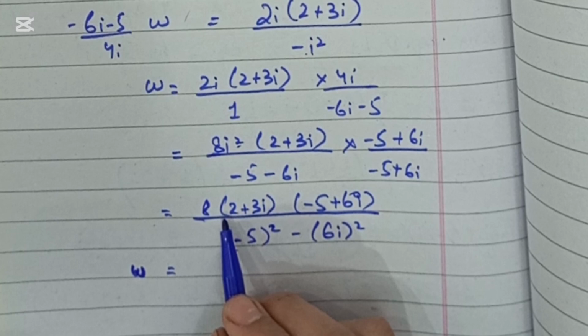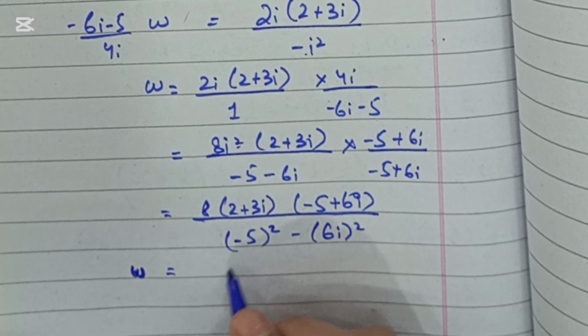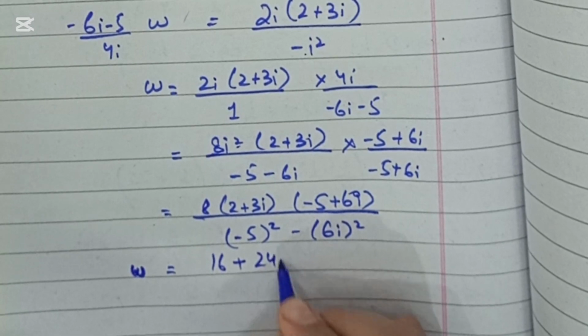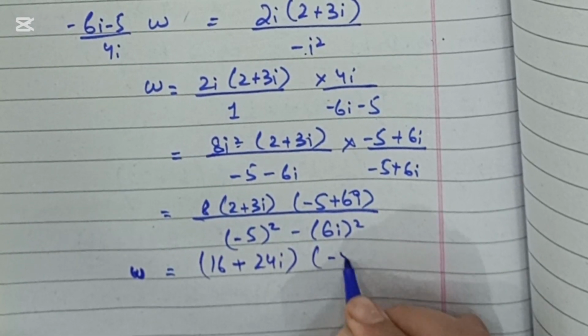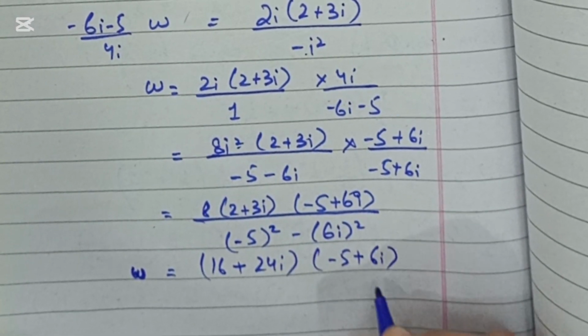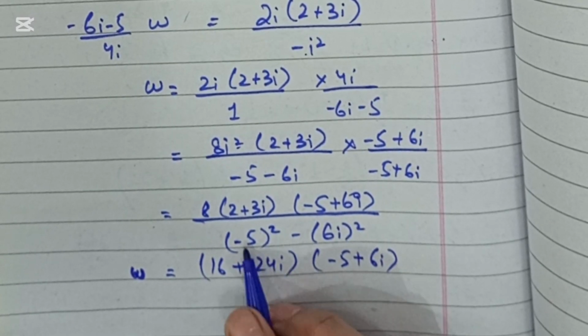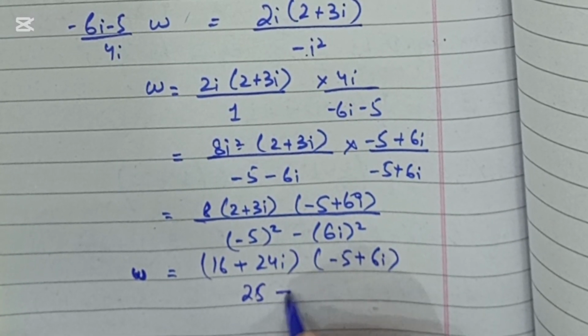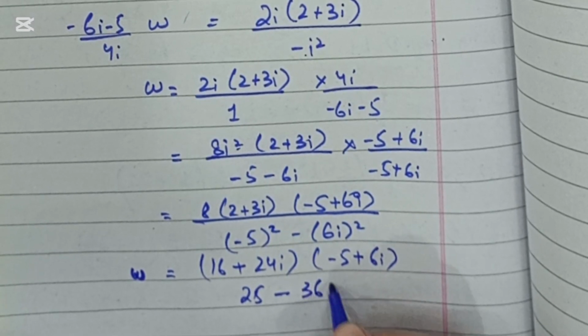Now we are going to multiply this 8 again. 8 into 2 is 16 plus 8 into 3 is 24 iota, minus 5 plus 6 iota. In the denominator it is minus is plus, 5 into 5 is 25, minus 6 into 6 is 36 iota square.